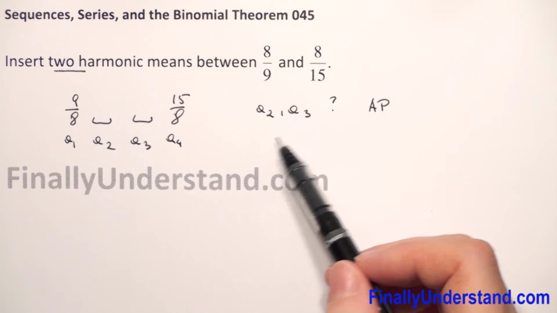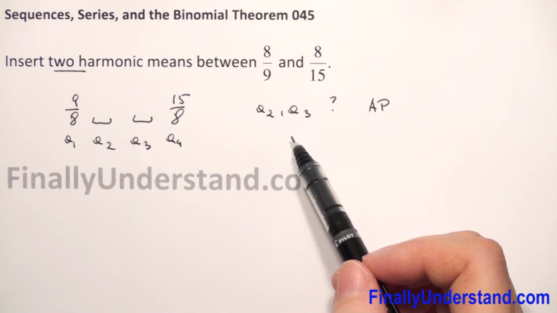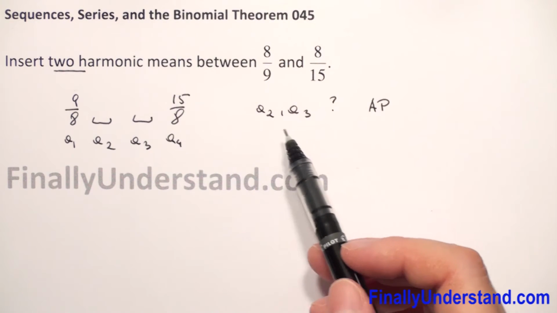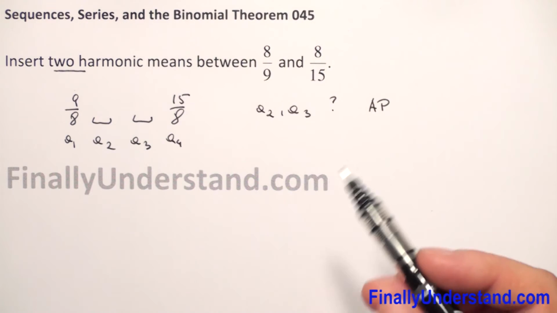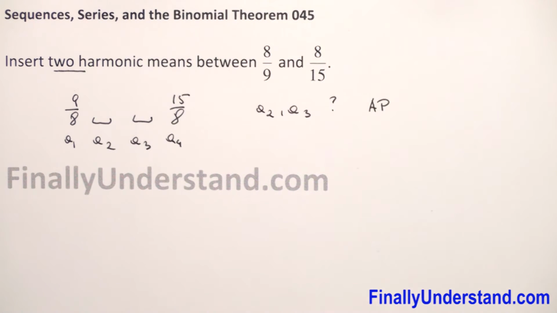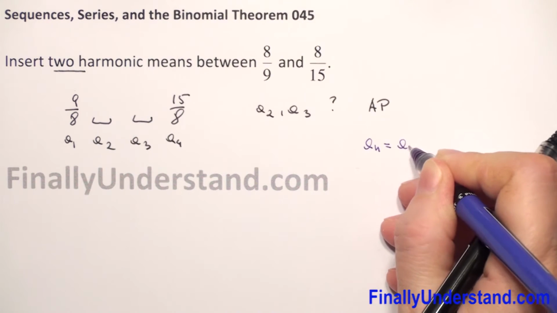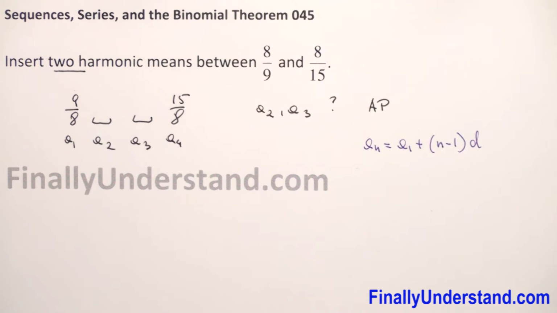Because this is an arithmetic progression, we need to find the common difference d to calculate the second and the third term. Let me remind you of the formula for the nth term of an arithmetic progression: An is equal to A1 plus n minus 1 times d.